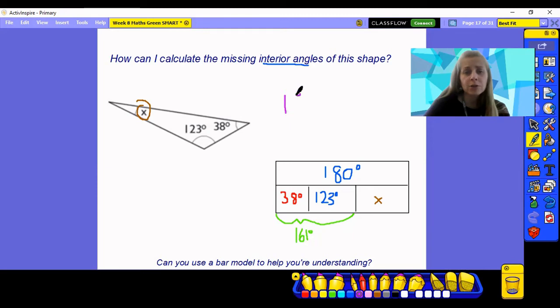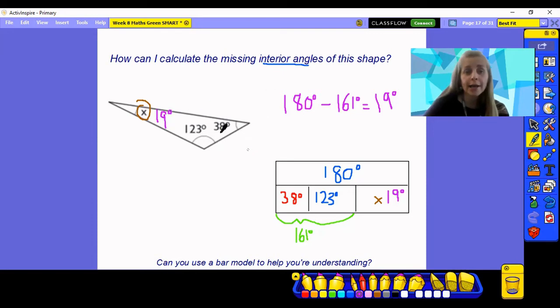So if we now do 180 degrees and subtract what we already know, our 161 degrees, we will see what we are left with, our missing angle, which is in fact 19 degrees. So we can start filling that information into the diagram, into our bar model and into the diagram.